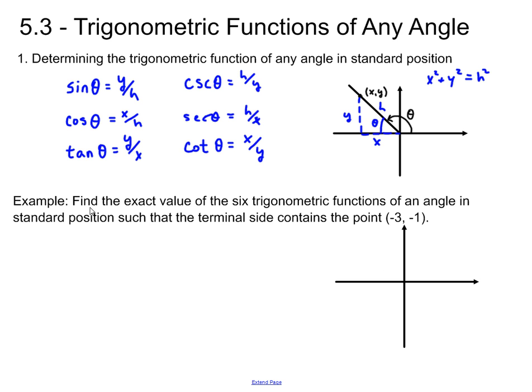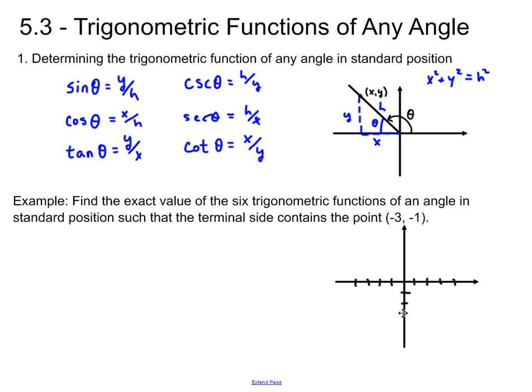Let's say that we want to find the exact value of the six trigonometric functions of an angle in standard position such that the terminal side contains the point (-3, -1). What could that possibly mean? On our graph, we're going to find the point (-3, -1). So let's put that in our plane over here.